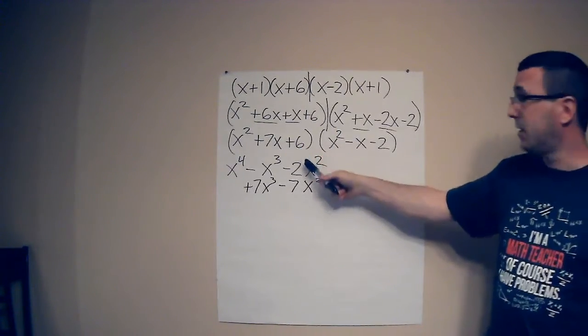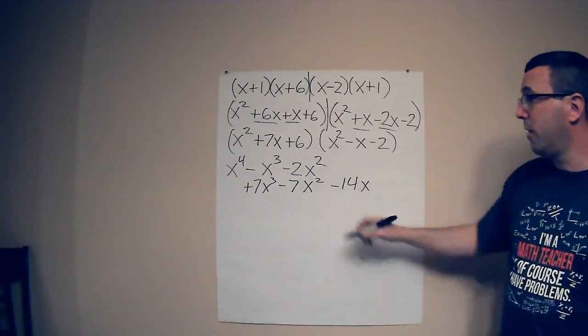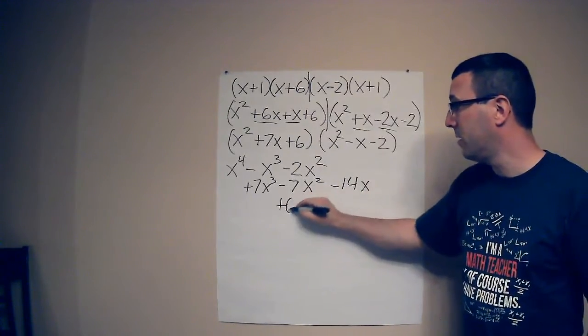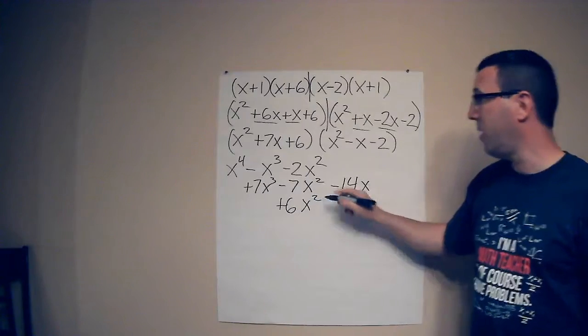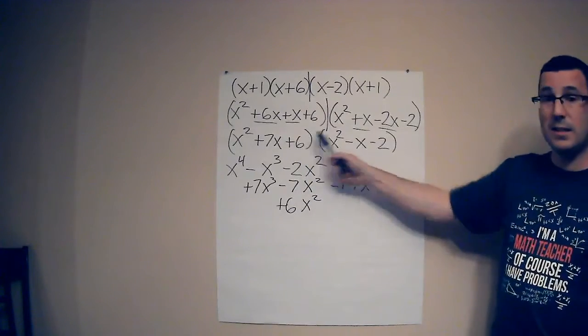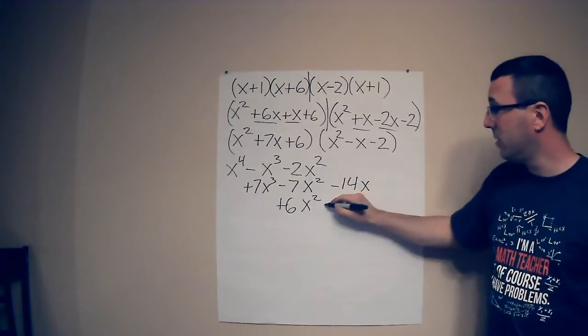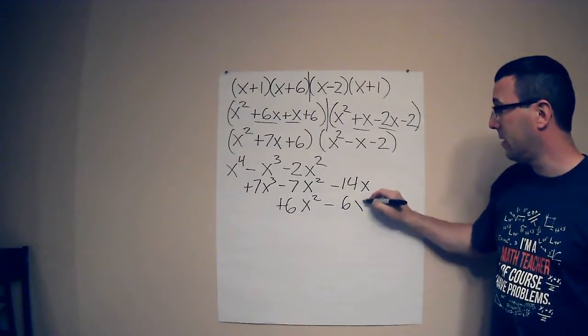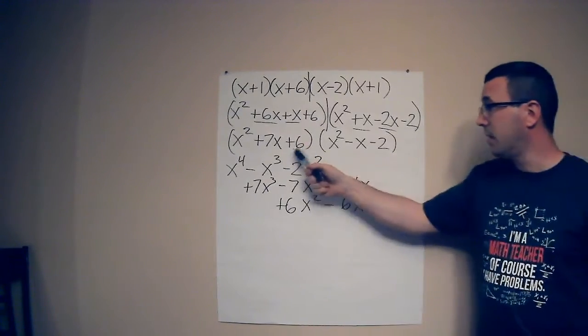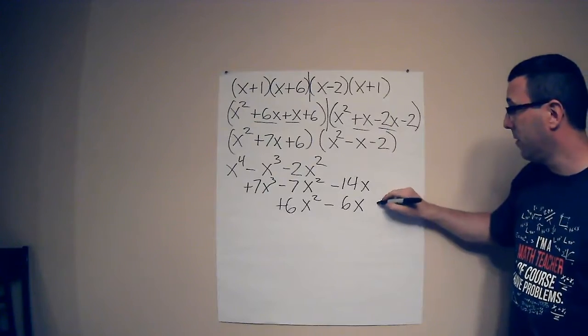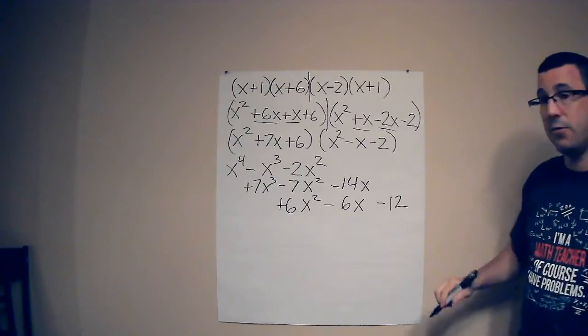Now we go with the 6. 6 times x squared is 6x squared. 6 times a negative x is minus 6x. And 6 times a negative 2 is a negative 12.